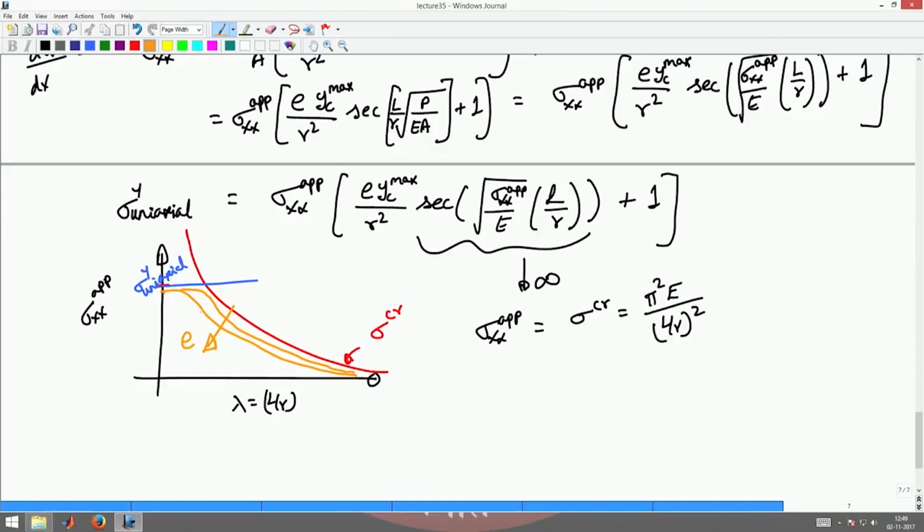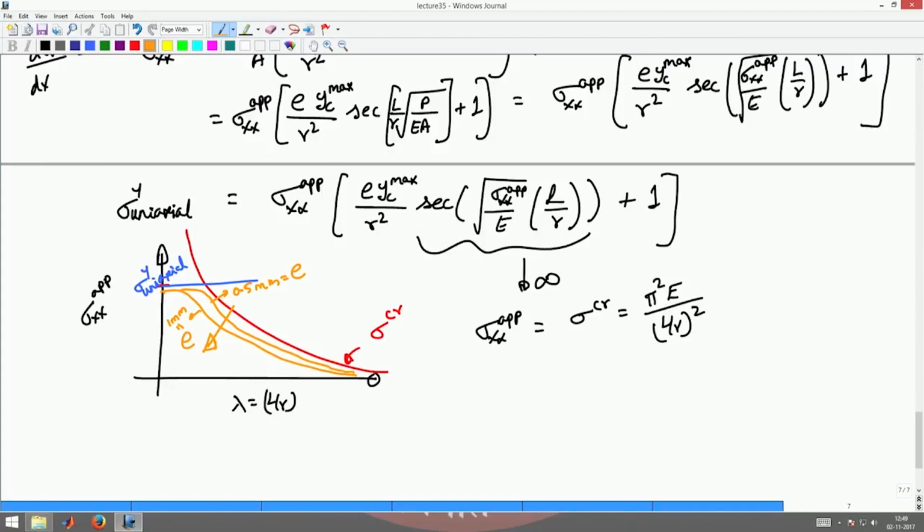Okay. So, if the eccentricity of this is say 1 mm, eccentricity of this might be 0.5 mm. Okay. So, as the eccentricity increases, the curve will tend down from the critical load. So, this is how the apparent stress will vary as a function of slenderness ratio.